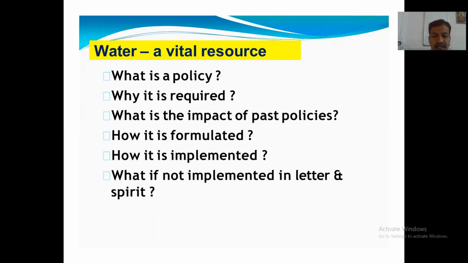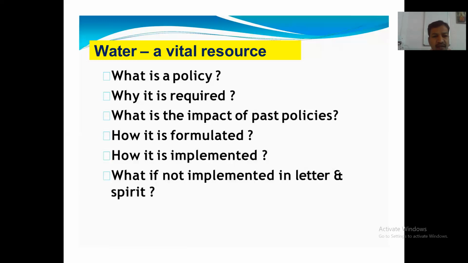It is very essential, and also for irrigation purpose, for raising of the crops in different seasons throughout the year. The water is required for navigation purpose, for generation of electricity, or other purposes. So it has various uses. So it is a vital, important resource.